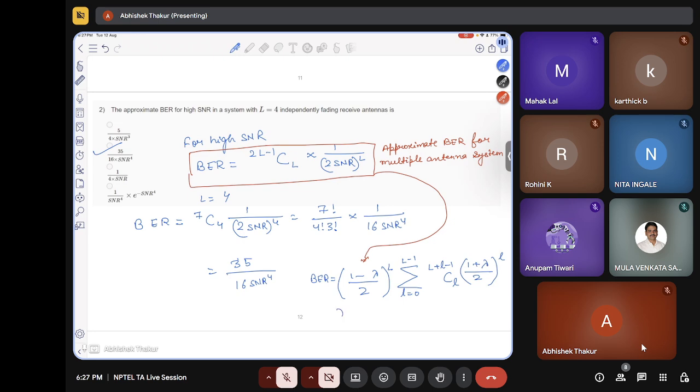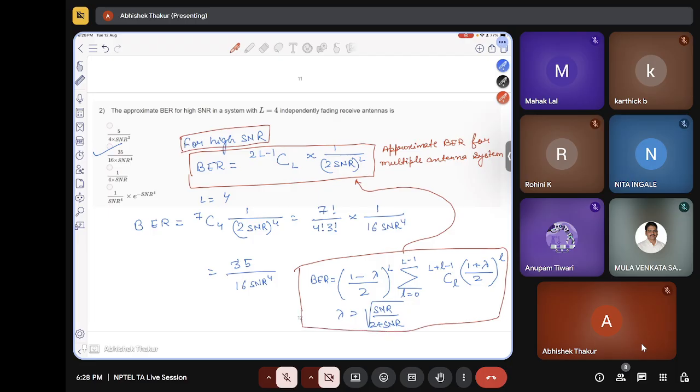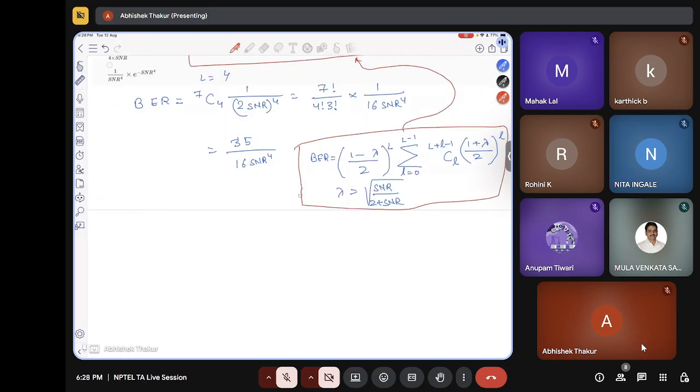Okay, and lambda is equal to square root of SNR by 2 plus SNR. So I will give the reverse arrow because this is a generic formula, but this is for high SNR. Okay, and this is our general bit error rate for multiple antenna system. So now let's take one example.